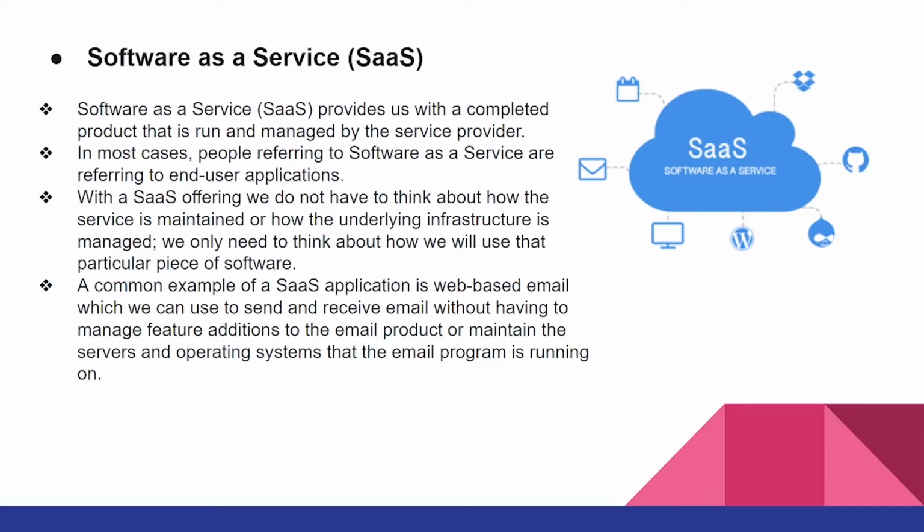We only need to think about how we will use that particular piece of software. A common example of a software as a service application is web based email, which we can use to send and receive email without having to manage features, additions to the email product, or maintain the servers and operating system that the email program is running on.